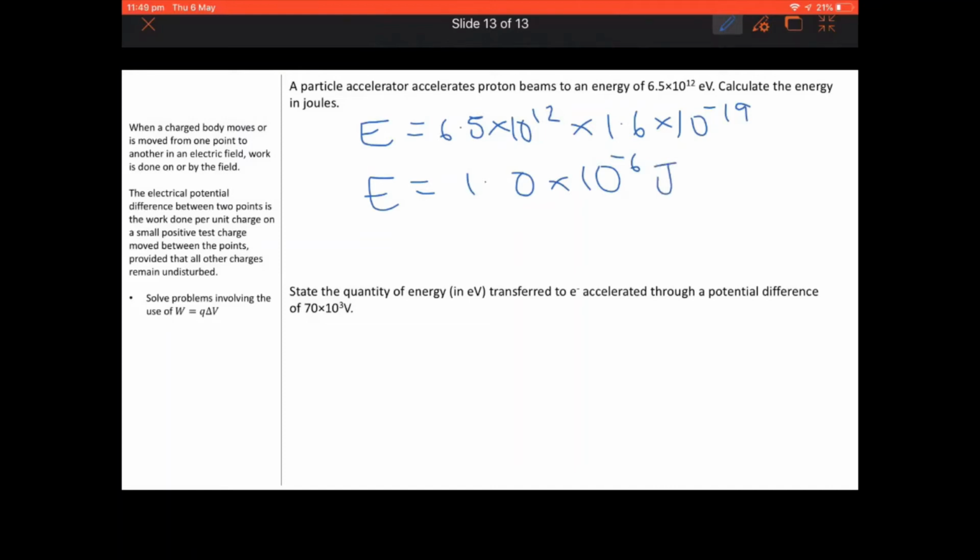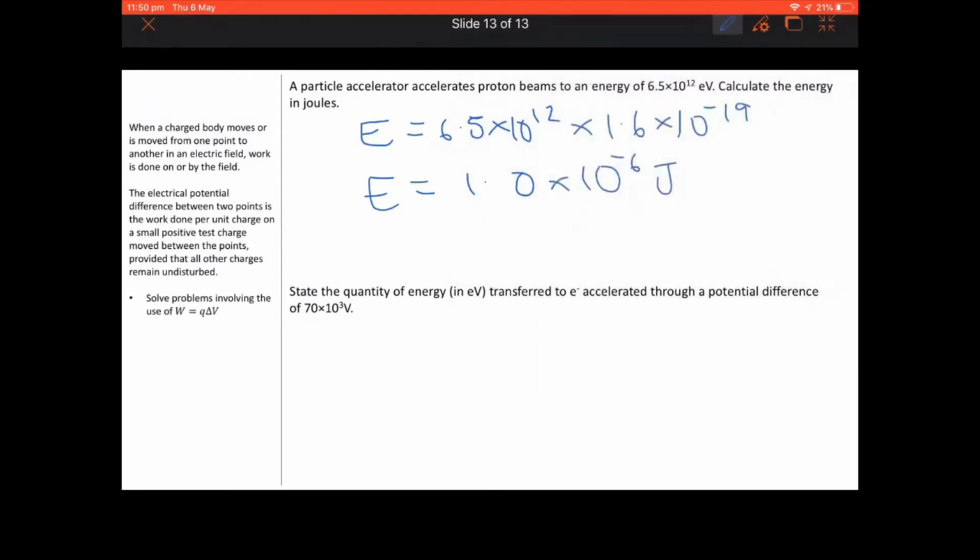Next example, state the quantity of energy in electron volts transferred to an electron accelerated through a potential difference of 70,000 volts, or 70 by 10 to the 3 volts.